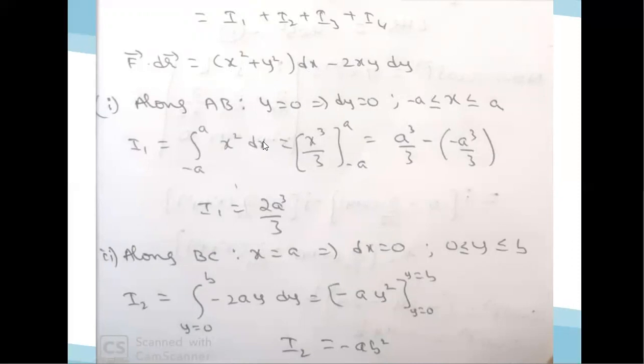If we integrate with respect to x, we get x cubed by 3 between the limits minus a to a. Apply the limits, upper limit minus lower limit. Upper limit is a, so a cube divided by 3 minus lower limit, minus a whole cube divided by 3. After simplification we get 2a cube by 3. So this is the value of I1.